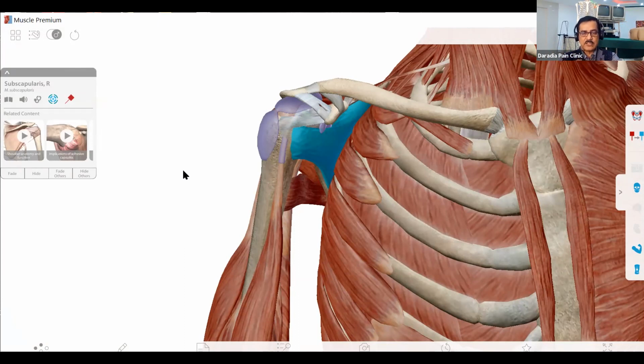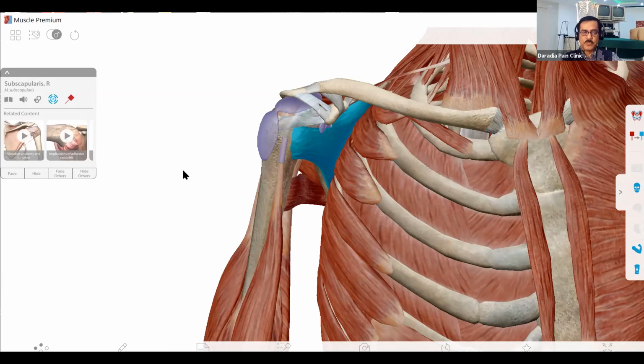So to test this muscle, we have to ask the patient to do the internal rotation against resistance. And there is one very important clinical test, a funny test, the belly press test. Press the belly. So it will be by the subscapularis muscle. And nerve supply is the subscapular nerve, and root value is 5-6.